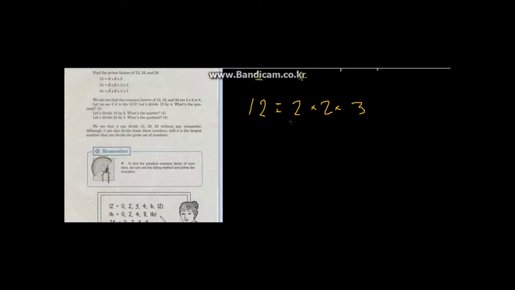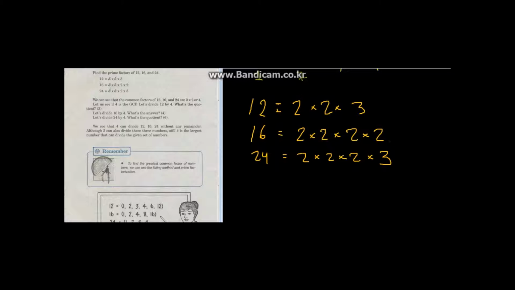These are the prime factors of 12, right? If you divide by 2, you're going to get remainder 0, and by 3, remainder 0. Same for 16, it's 2 times 2 times 2 times 2. And for 24, it's 2 times 2 times 2 times 3.